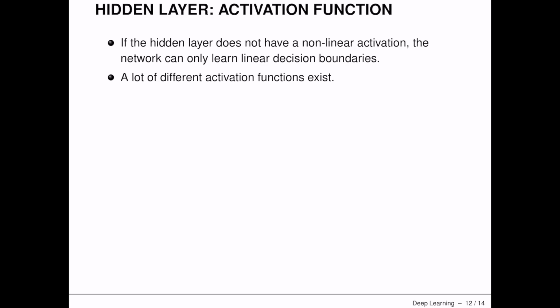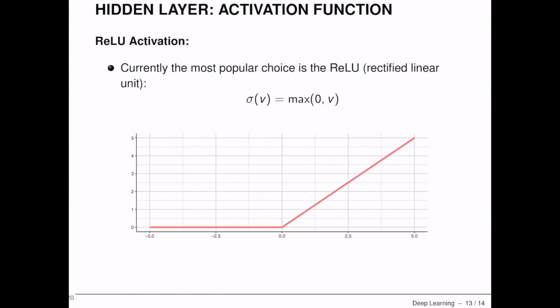There are very different choices of activation functions, which are, as said, usually nonlinear. We will see different ones in the course of the lecture, and see two typical examples now. One very popular choice nowadays is the so-called ReLU function, the rectified linear unit, which is 0 for negative x and the identity for positive x.